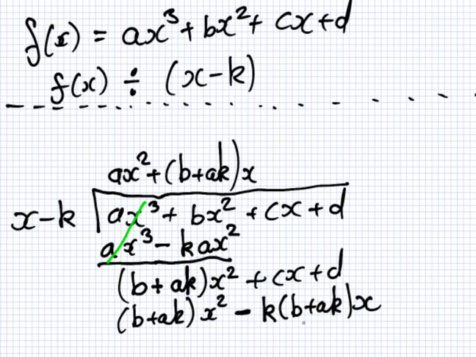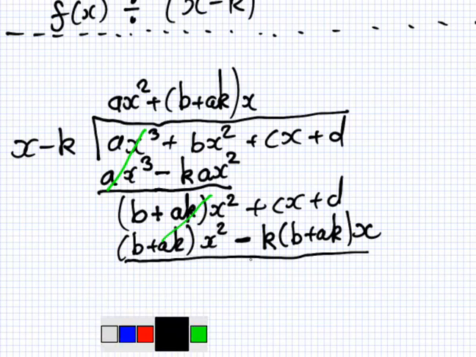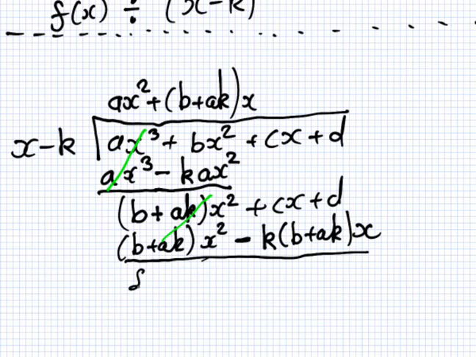So can you see that in green here, these cancel? And what you're left with here is b plus ak x squared, because this minus becomes a plus, and you have b of them and ka of them, so b plus ka in total.